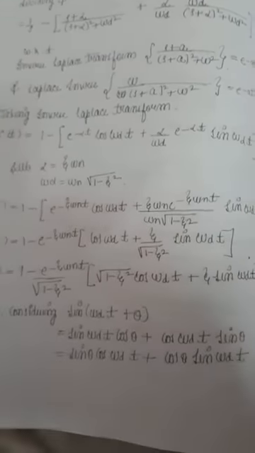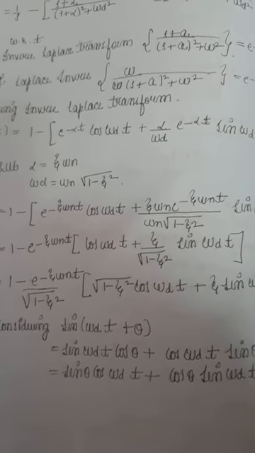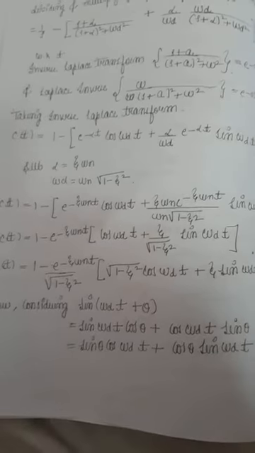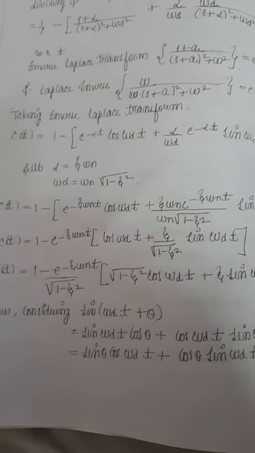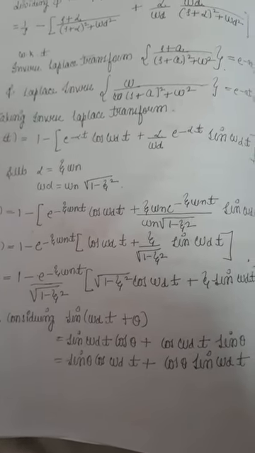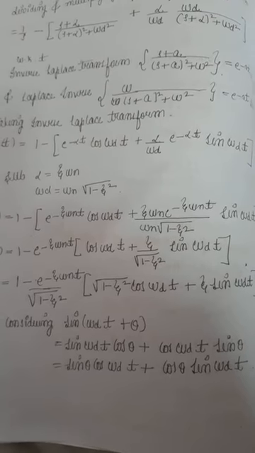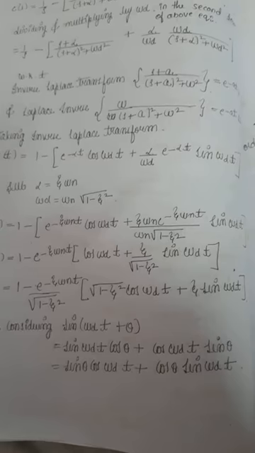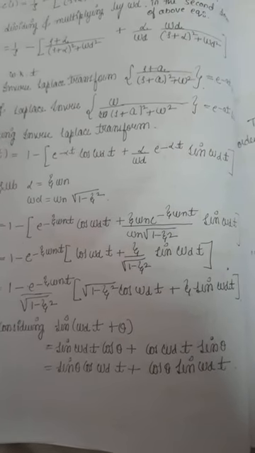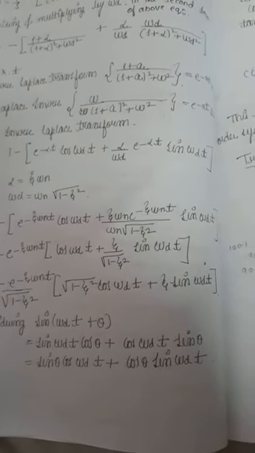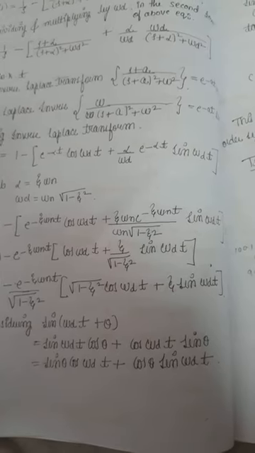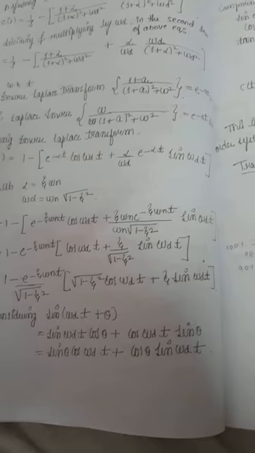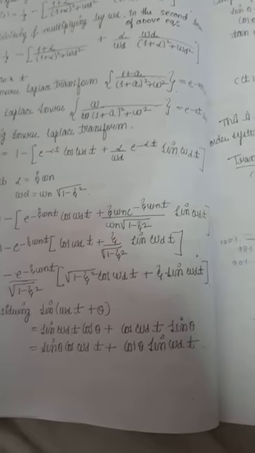But we know that α is equal to ζωn, and ωd is equal to ωn√(1 − ζ²). So here c(t) is equal to 1 minus, replacing α by ζωn because initially we have considered α equal to ζωn, [e^(−ζωn t) cos ωd t plus ζωn e^(−ζωn t) divided by ωn√(1 − ζ²) sin ωd t].